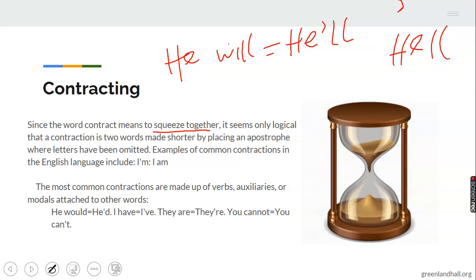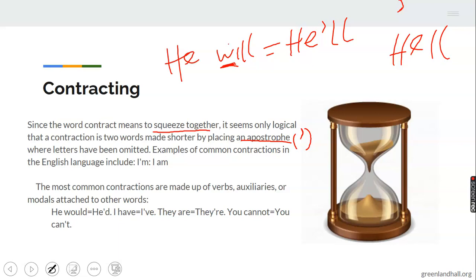In fact, the apostrophe is so important in contracting. So it is logical that we shorten the two words by placing an apostrophe. And that is the apostrophe we are talking about. It is like the comma, but it is on top. Apostrophe. Okay? Where letters have been omitted. Omitted means we have taken some letters away. Instead of writing he will, now we have he'll.